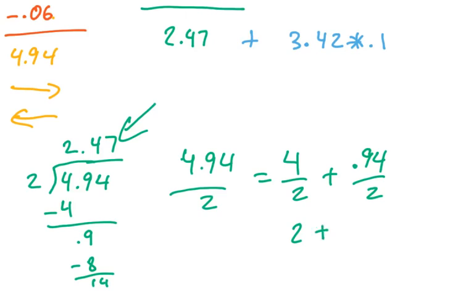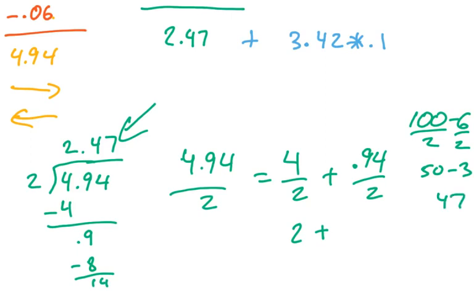Now, 0.94 divided by 2 can get pretty daunting and pretty difficult in your head without writing things down. But I'm going to say this. I know 100 divided by 2 is 50. And I know if I subtract 6 from 100, I get to 94. These two are very easy to divide. And this would give me 47.